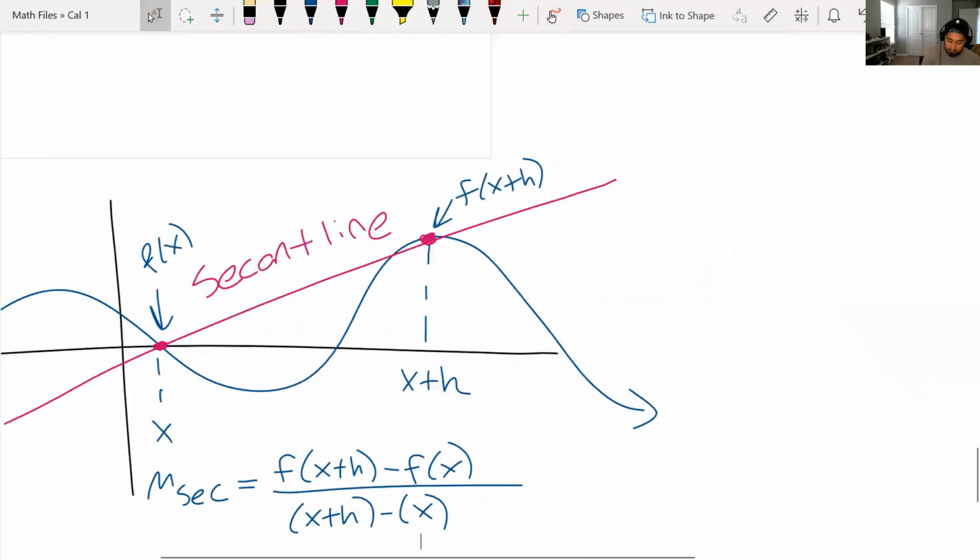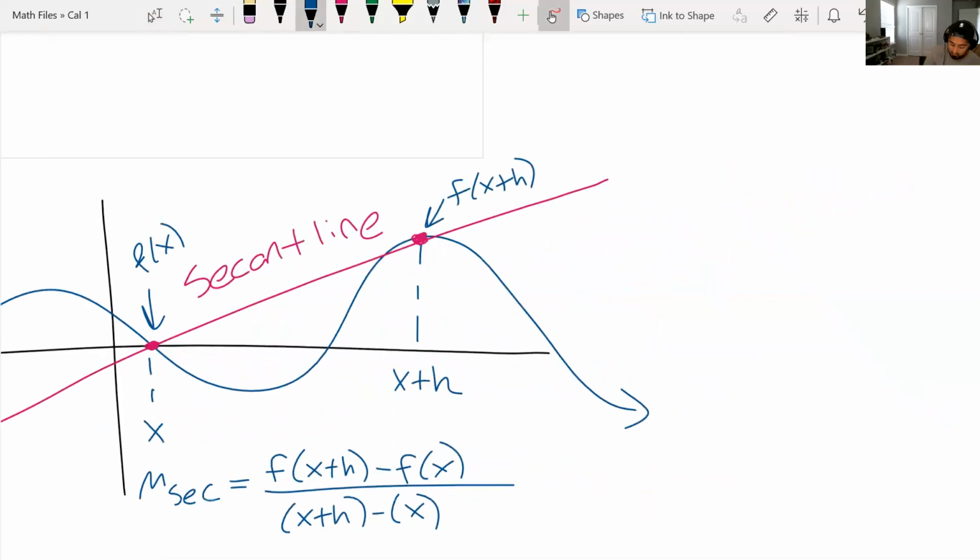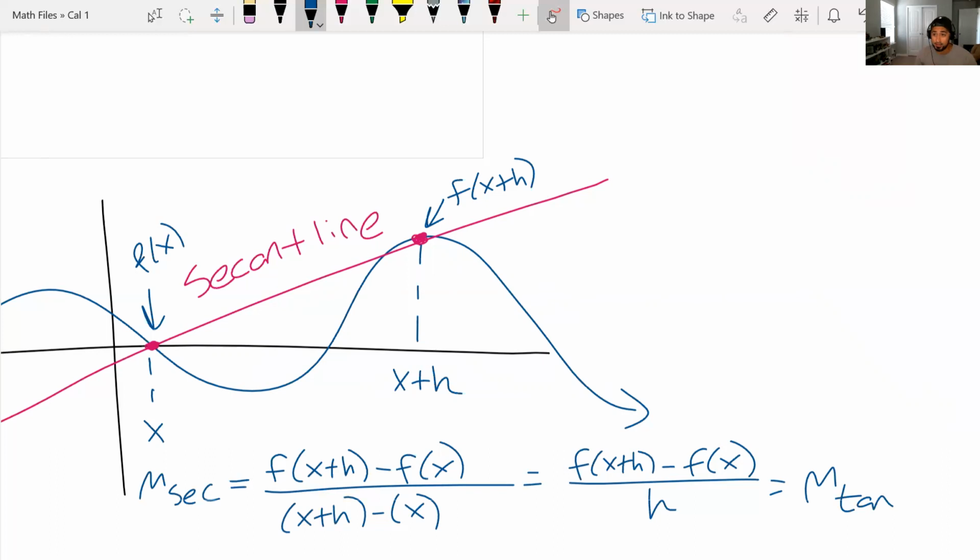Which means we have f of x plus h minus f of x over h. So you can use the same formula to find the slope of the secant line that you can also use to find the slope of the tangent line. The only difference is tangent goes through 1 point, secant goes through 2 points.